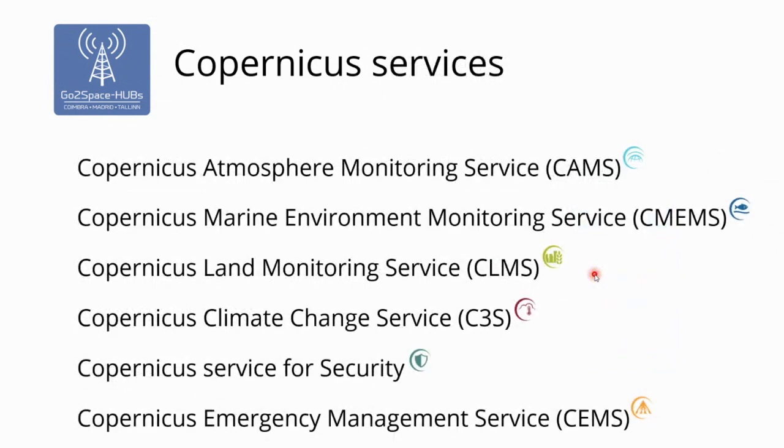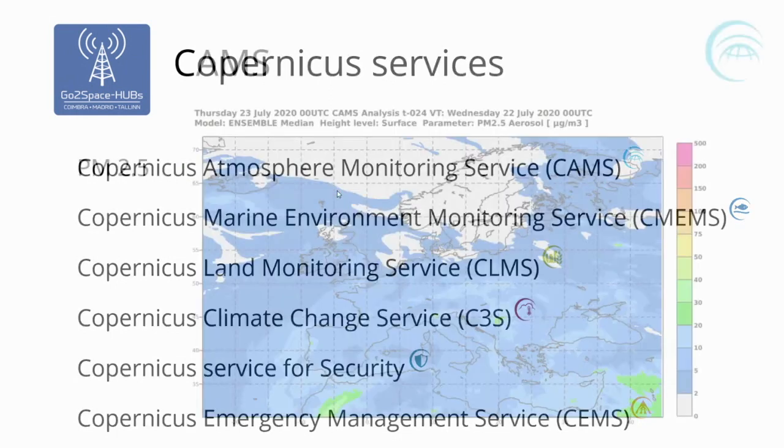We have also different services of already made, ready-to-use products. So 6 different services dedicated to different issues. These are not raw data like satellite images, but already products we can use.